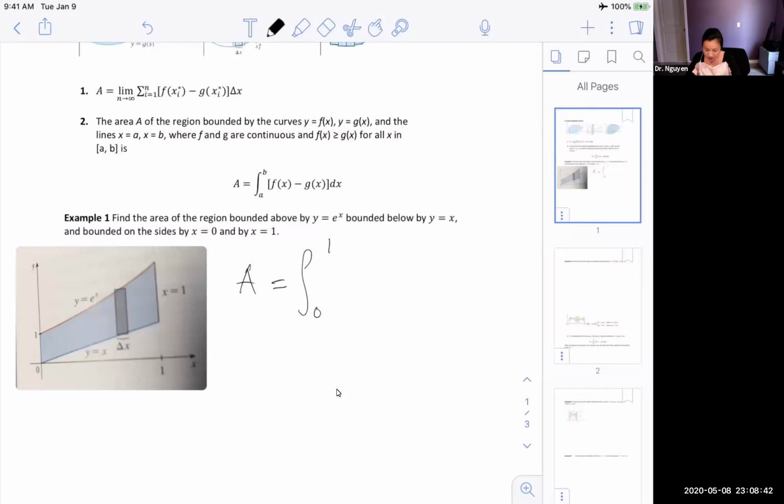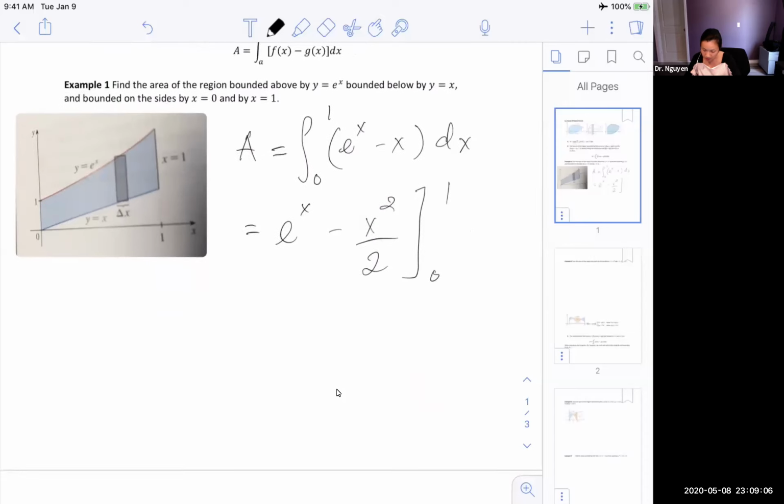f of x, in this case, the upper bound would be e to the x power, and the lower bound would be x. And then you just integrate it, right? So it's really easy, straightforward. e to the x power minus x squared over 2, and we want to evaluate from 0 to 1.